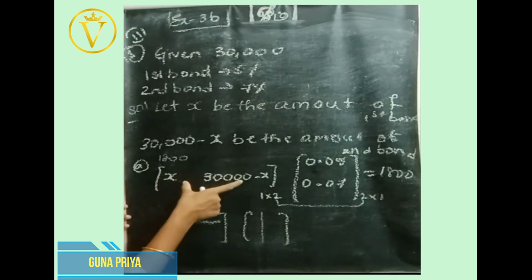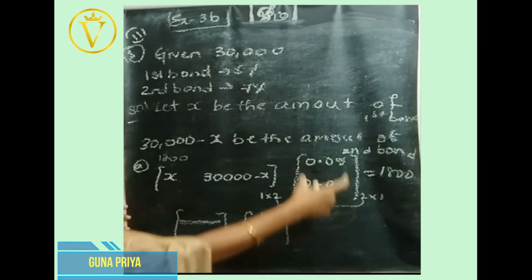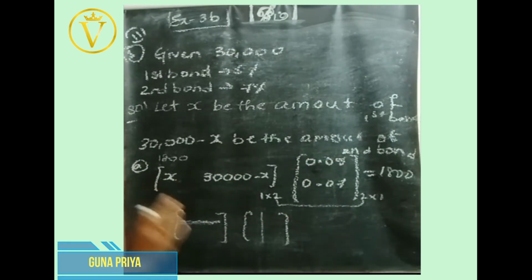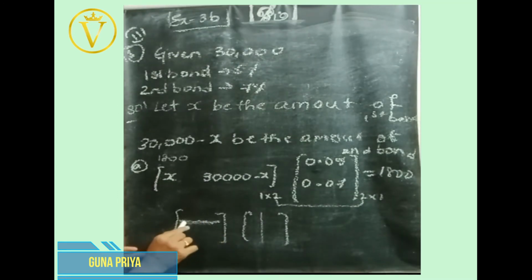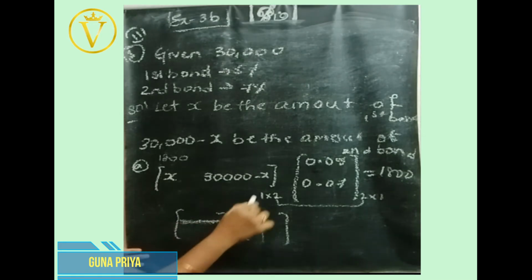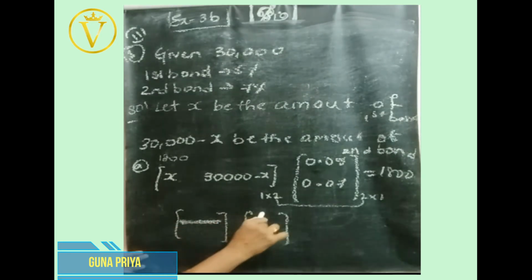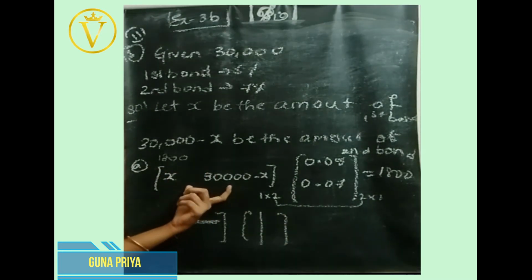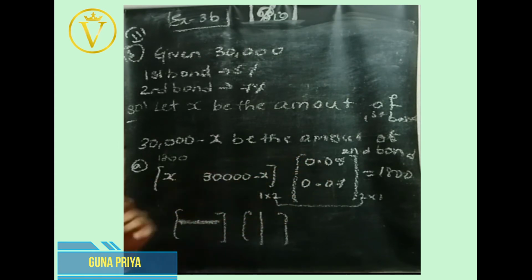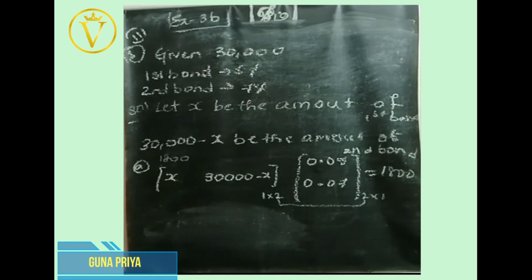So I have taken the row matrix first and the second matrix as the column matrix. Your doubt is cleared.